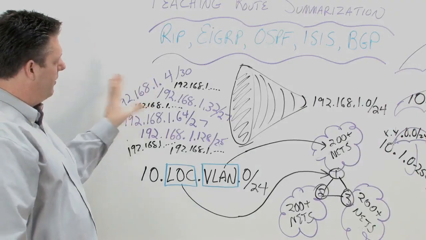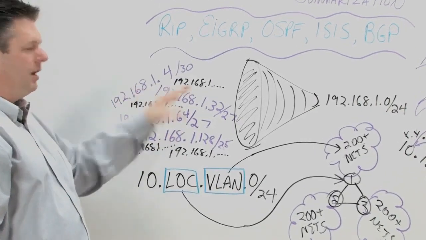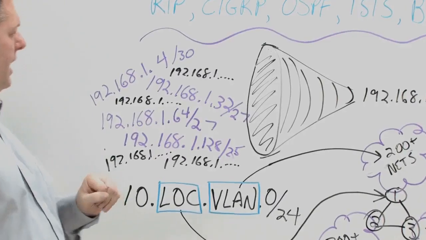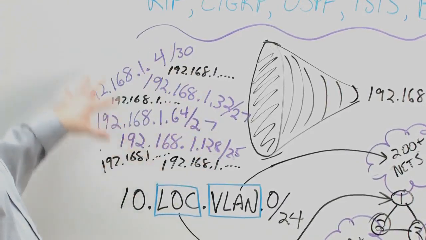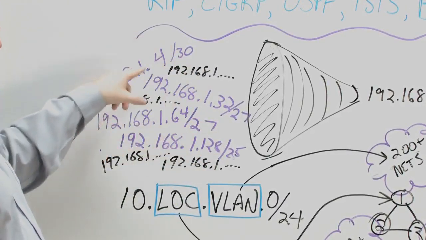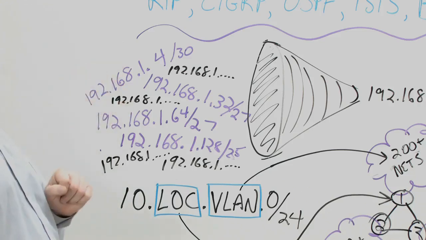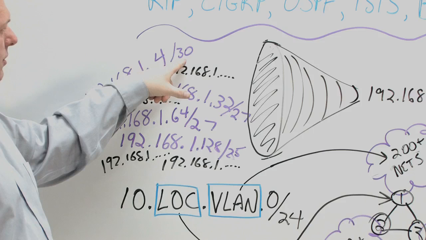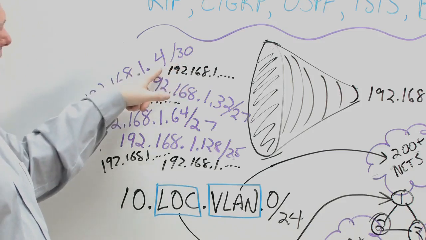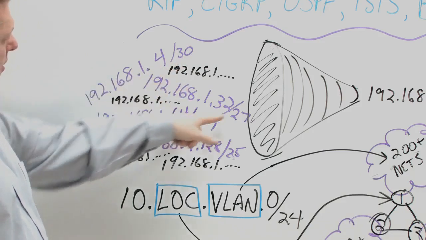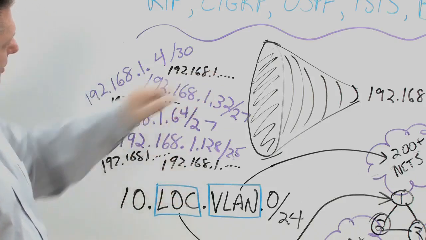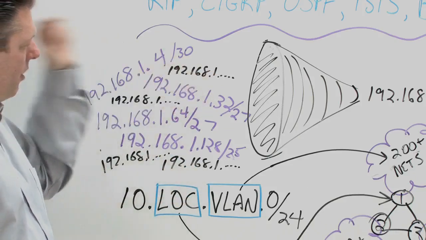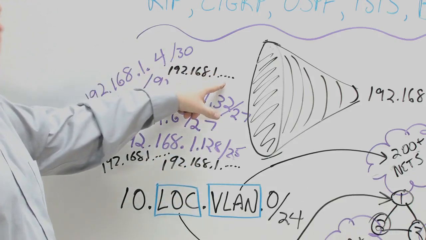So here's a more visual example that sometimes I draw up ad hoc with the students. I try to say, here's a group of networks, and they all have some reference to the 192.168.1 prefix. But you'll notice the CIDR notation, which is the size of the subnet, and the ID of the network, they're all different. In some cases, I just made a little bit of note that they could be whatever.